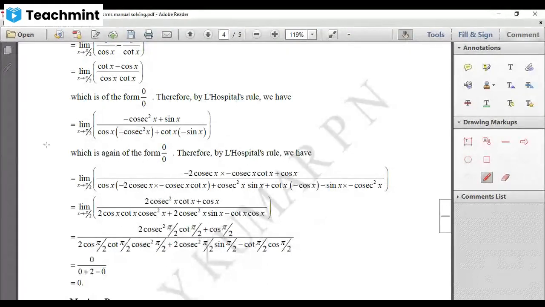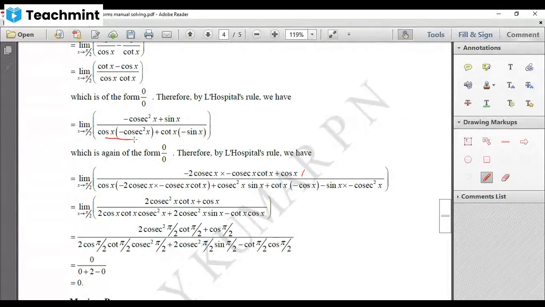Again, L'Hopital's rule says differentiate numerator separately. So minus will keep as it is. Derivative of this cosecant square is 2 into cosecant x, forget the power. Derivative of cosecant x is minus cosecant x into cot x, plus derivative of sin x is cos x, whole divided by.